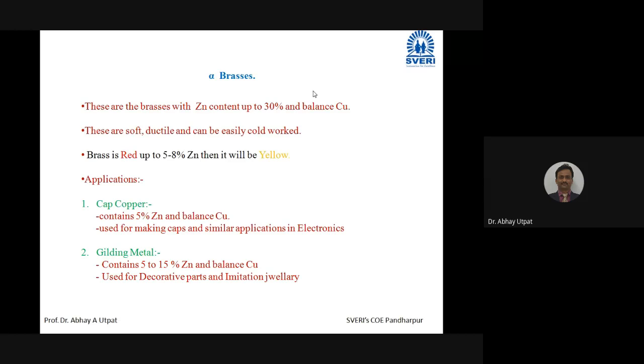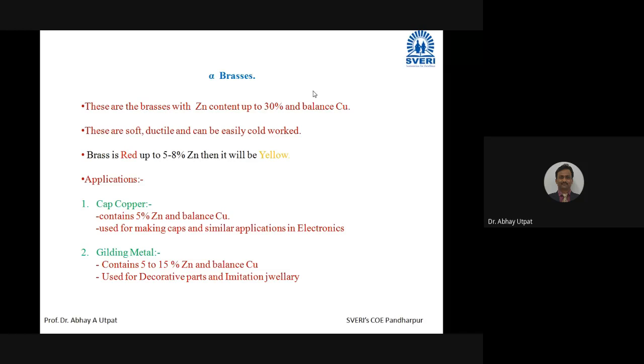What is the basic color of the brass? It is red. And if you go on adding zinc, actually zinc color is whitish. So if you go on adding the zinc, the original color of the brass goes on vanishing.